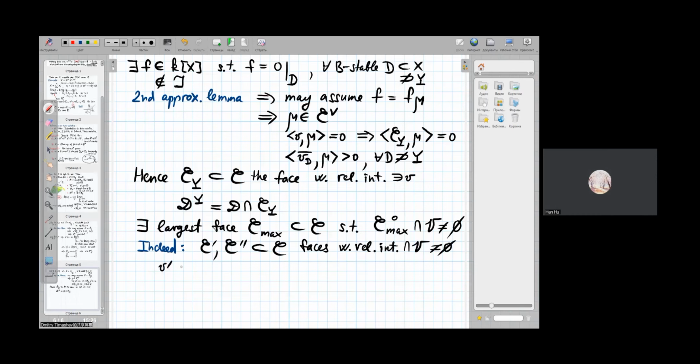So say V prime sitting in the relative interior of this, and V double prime sitting in the relative interior of this.